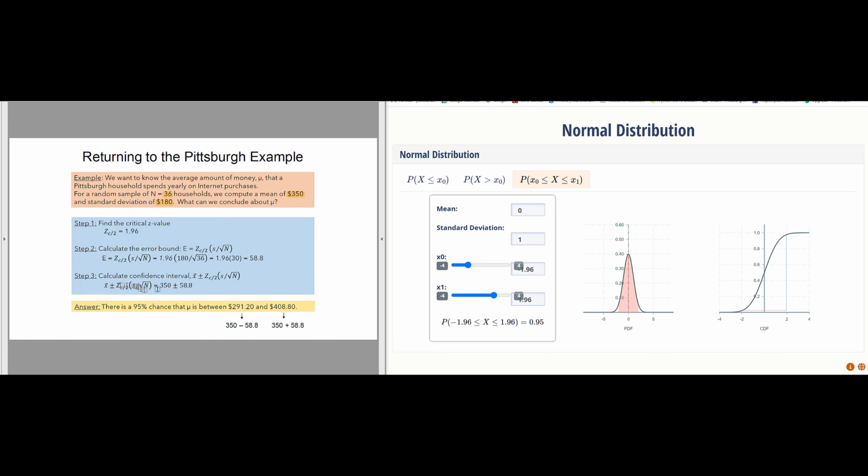And we grind that out. I'm not going to step through things piece by piece. And we conclude that there's a 95% probability that the true population mean of internet purchases is $350 plus or minus $58.8. In other words, there's a 95% chance that the true mean of internet purchases is between $291.20 and $408.80.